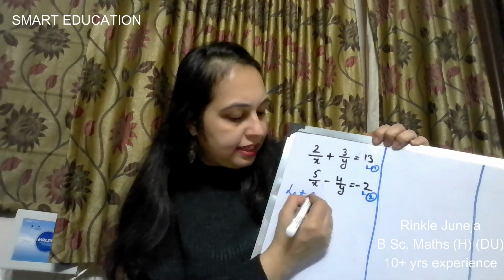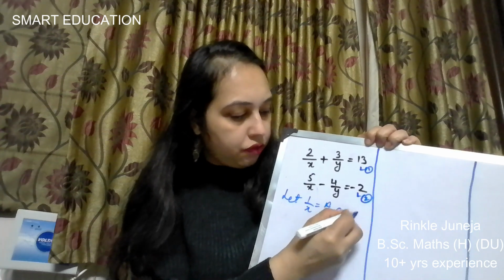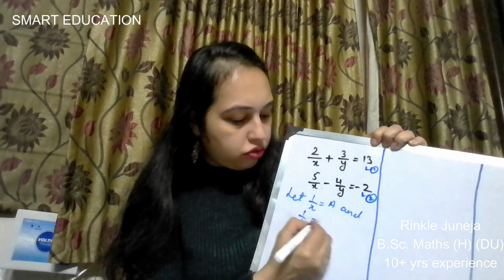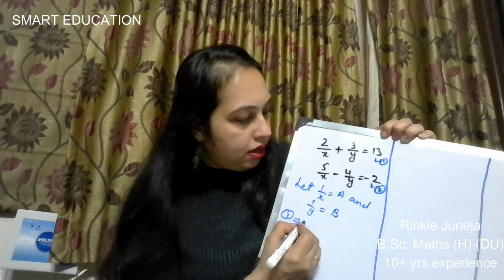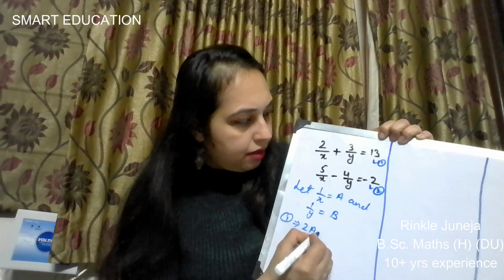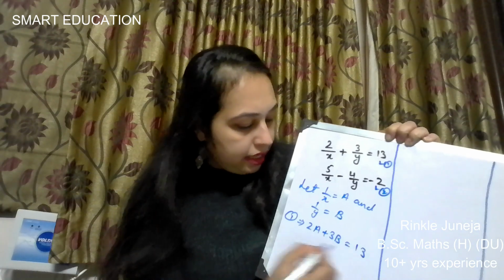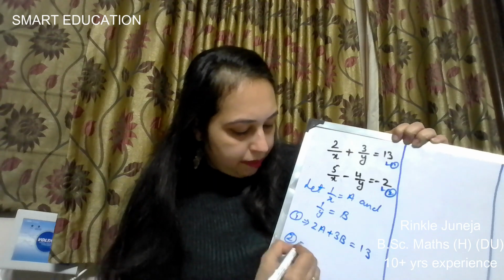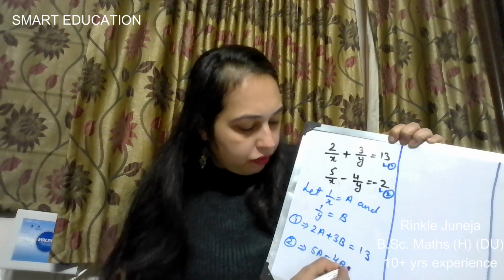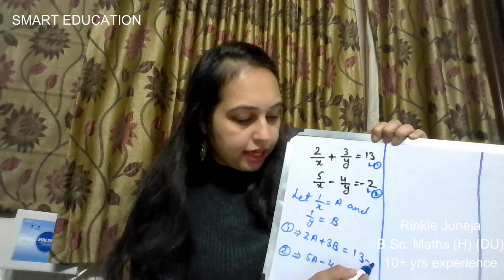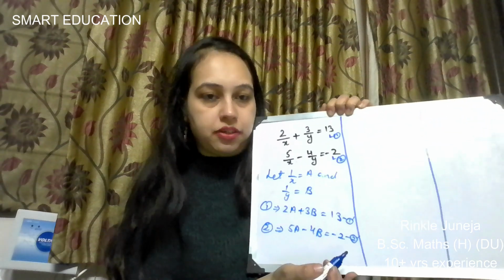We'll let 1 by x equals to capital A and 1 by y equals to capital B. So equation 1 becomes 2a plus 3b equals to 13, and equation 2 becomes 5a minus 4b equals to minus 2. Now this is again our equation 1 dash, and this becomes equation 2 dash.